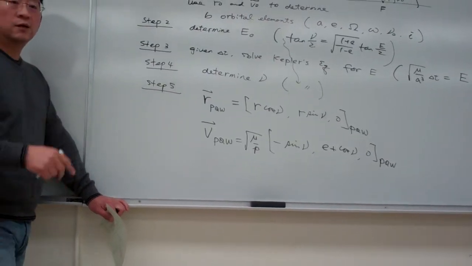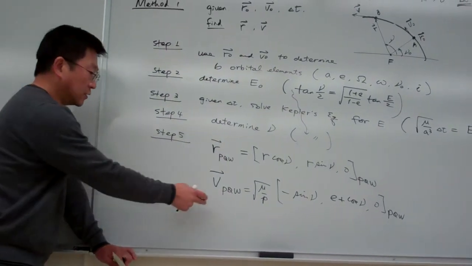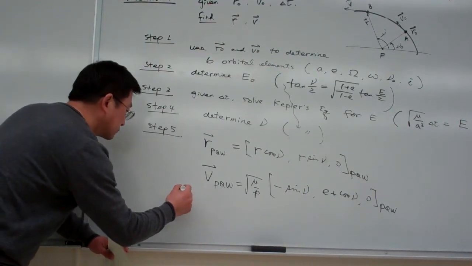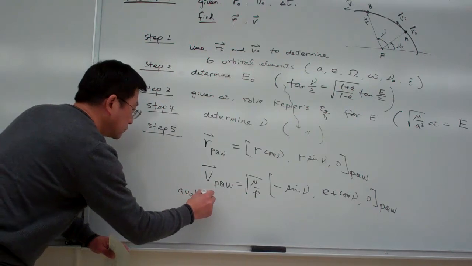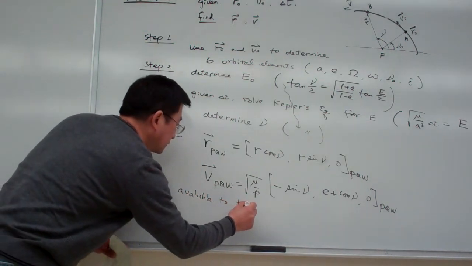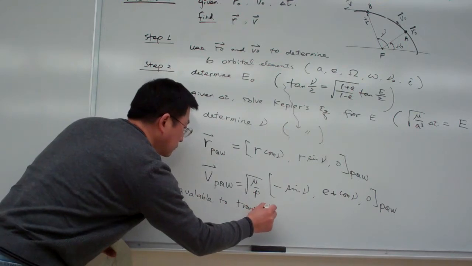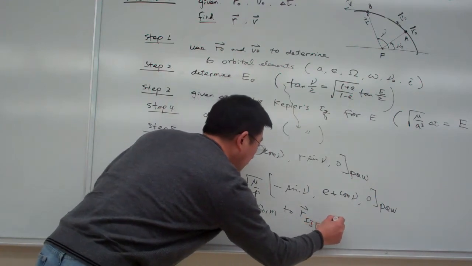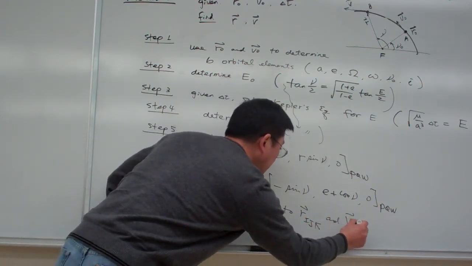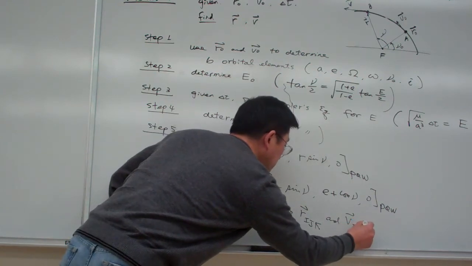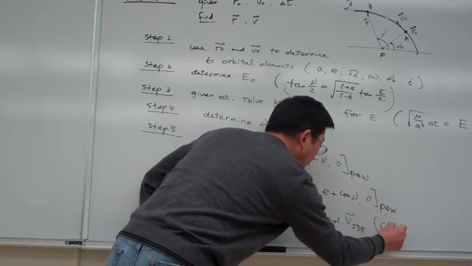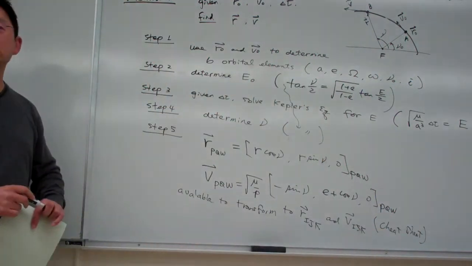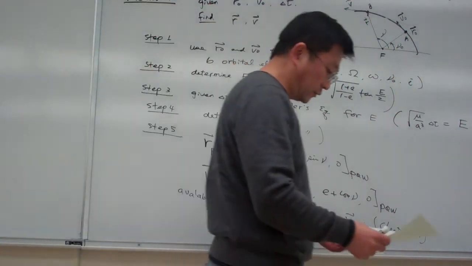You can refer to the cheat sheet to convert and transform to R ijk and V ijk. This is on our cheat sheet, or available in our textbook. So that is the procedure for this.